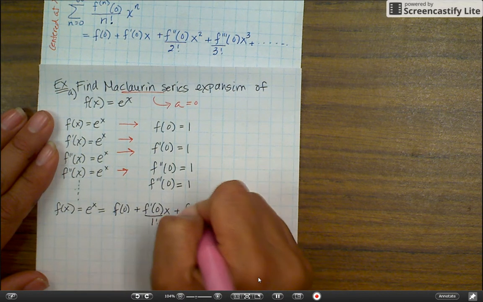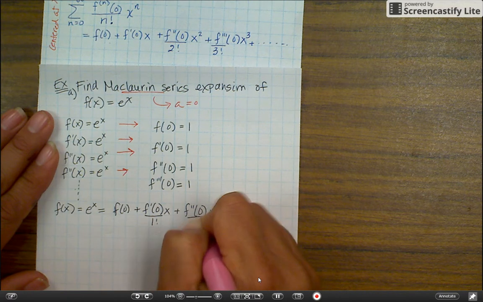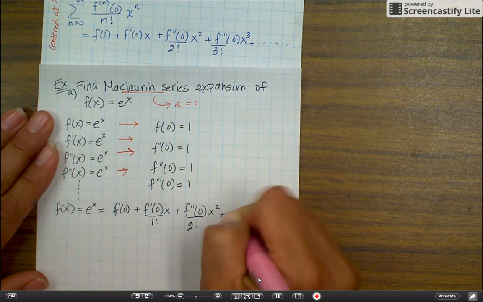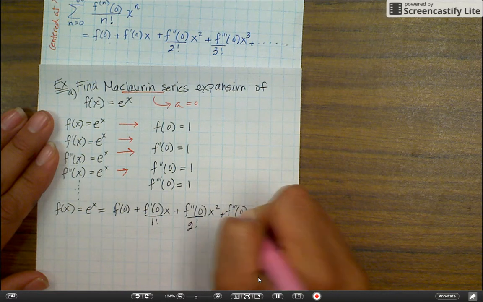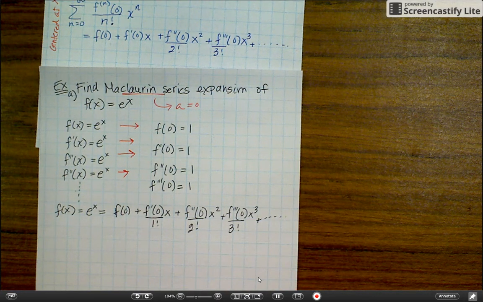Let's do it this way first. Plus dot, dot, dot.